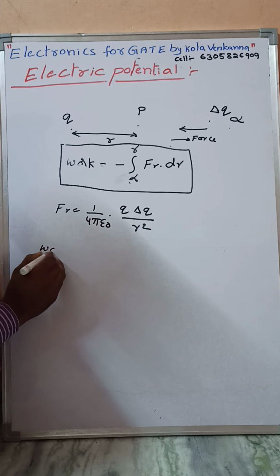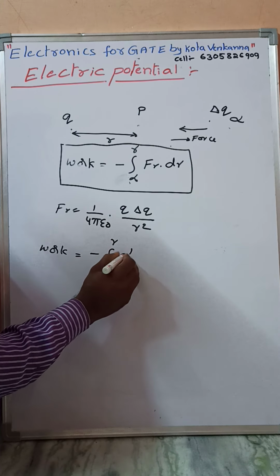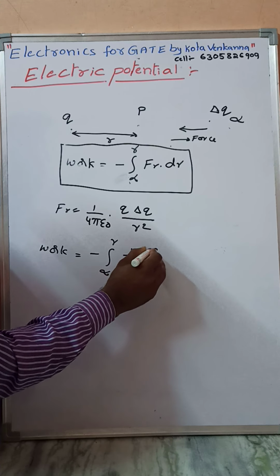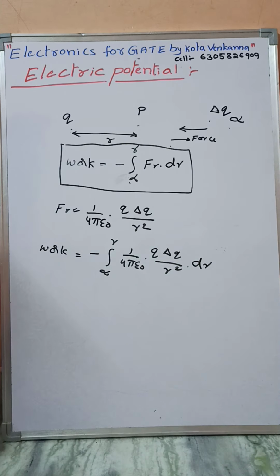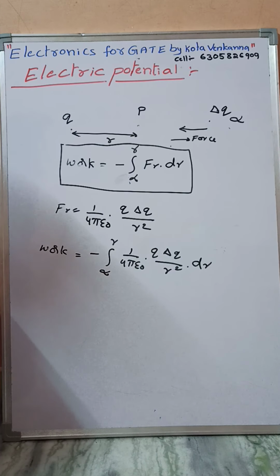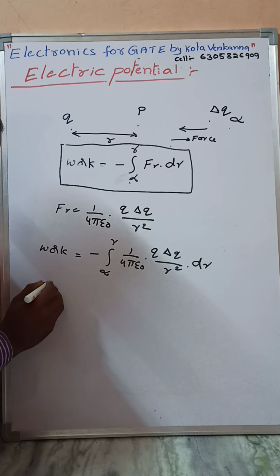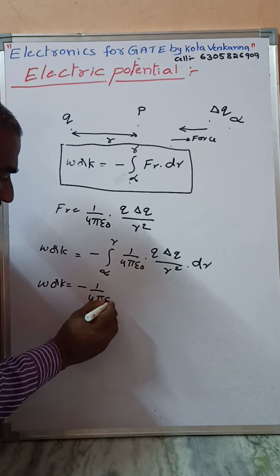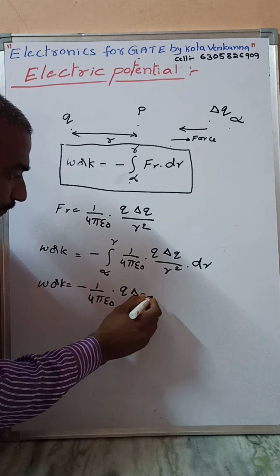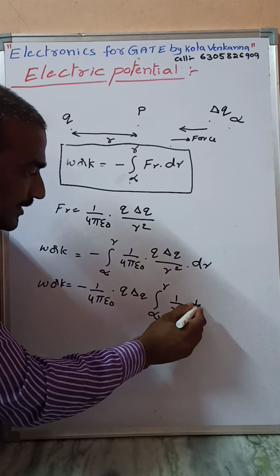Then work is equal to minus the integration from infinity to r of 1 by 4 pi epsilon naught q del q by r square into dr. Here 1 by 4 pi epsilon naught is constant and q del q is also constant, so only dr by r square remains. So work is equal to minus 1 by 4 pi epsilon naught q del q times the integration from infinity to r of 1 by r square dr.